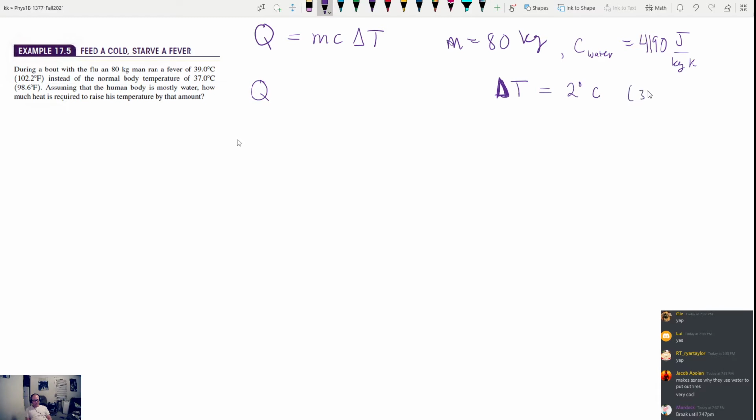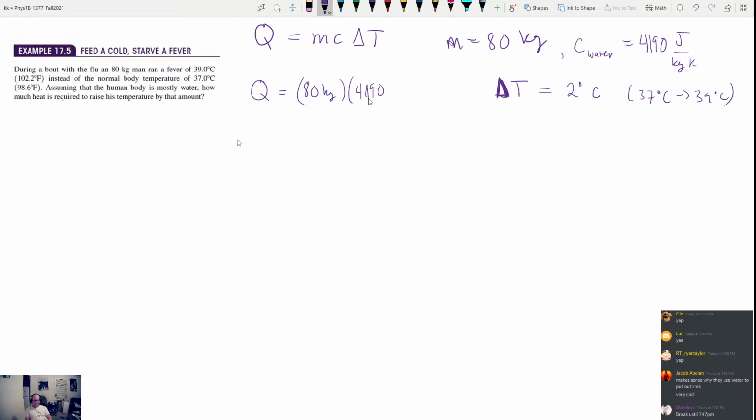Because it's going from 37 degrees Celsius up to 39 degrees Celsius. So that's a change of positive 2. So if we plug those pieces of information into our equation, we can figure out exactly the amount of heat that was required to raise his temperature by this amount.